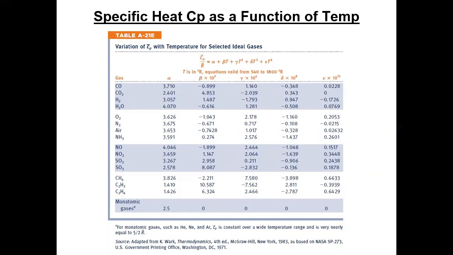Also, down at the bottom of the table, we've got note A for monoatomic gases, such as helium, neon, argon. CP is constant over a wide temperature range, and is very nearly equal to 5/2, or 2.5, times R. You need to note that, because you'll be trying to do something for one of those gases, helium perhaps, and you start looking at all the tables and you can't find helium.